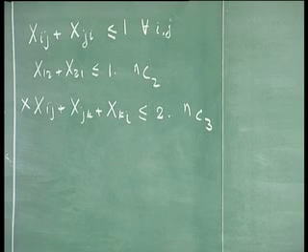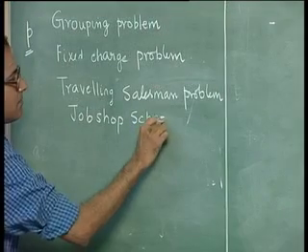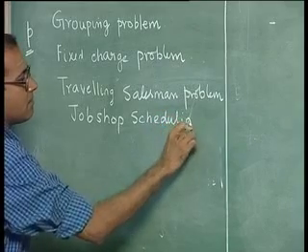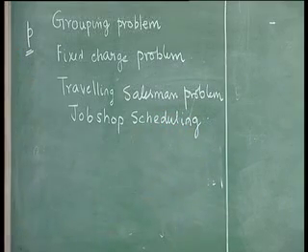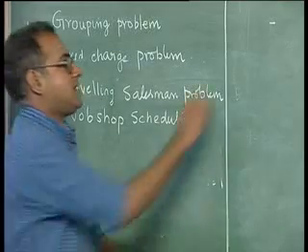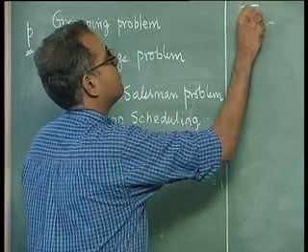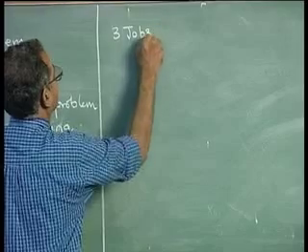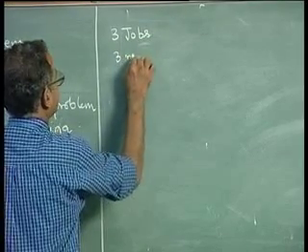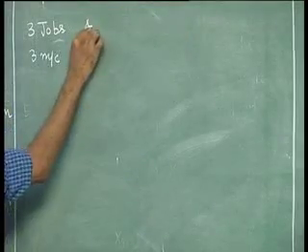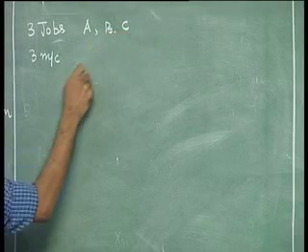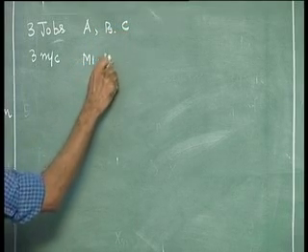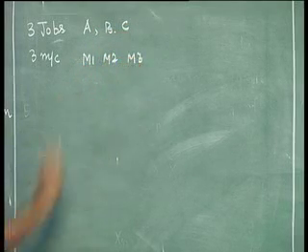We look at a job shop scheduling problem. Let us say there are 3 jobs, there are 3 machines. So, you call the jobs A, B and C, you call the 3 machines M1, M2, M3.